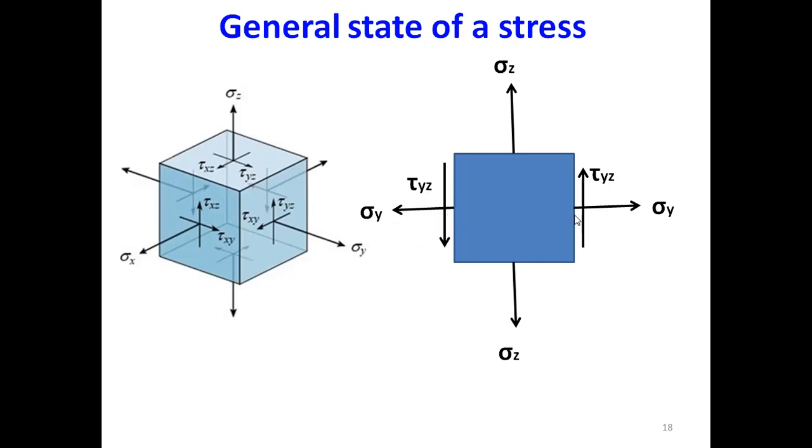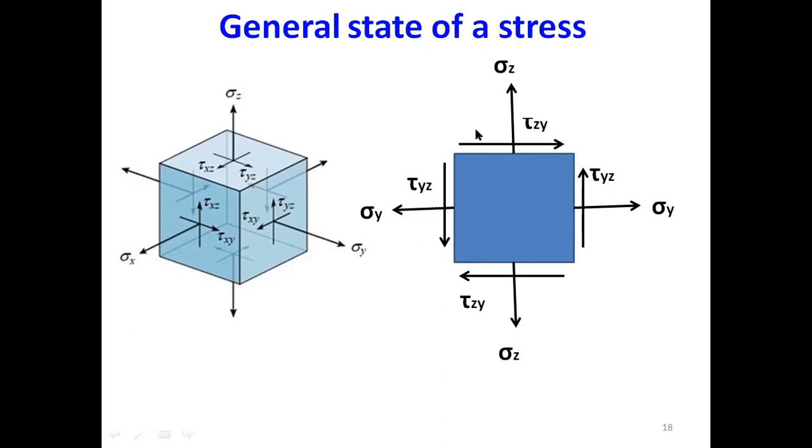Is it in equilibrium? No. We are applying a couple on this stress element, and because of it, it would again rotate. So how to make this in equilibrium? We must have an opposite couple acting on the stress element.